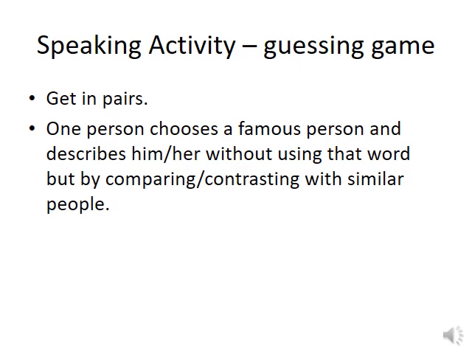He wears glasses, or his hair is lighter than mine, or darker than mine, or he has more hair than me, or less hair than me. Try and use those comparing and contrasting words to describe this person without using their name, and see if your friend can guess who you were thinking of.